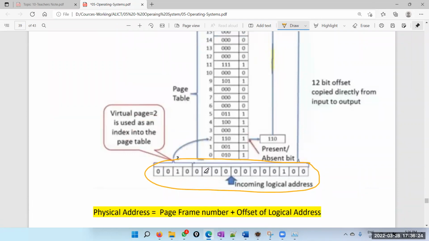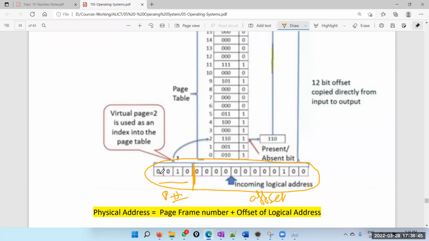The examiner is going to tell you that your logical address is separated somewhere here, or here, or there. Now assume that it is separated here. That means this is the page number and this is the offset.